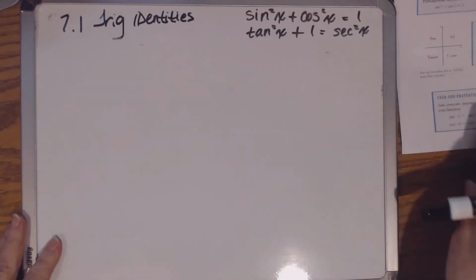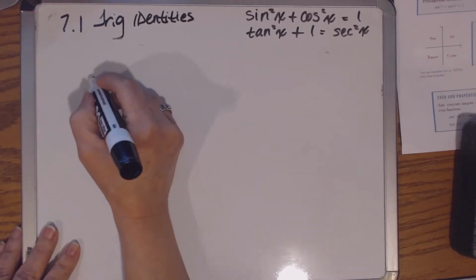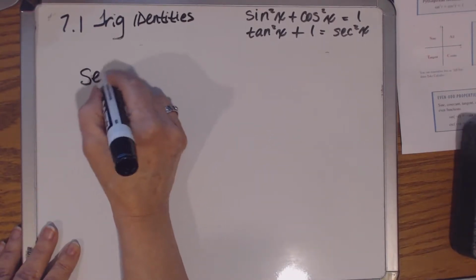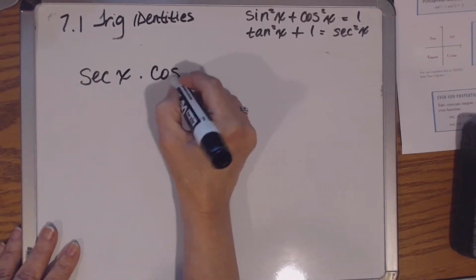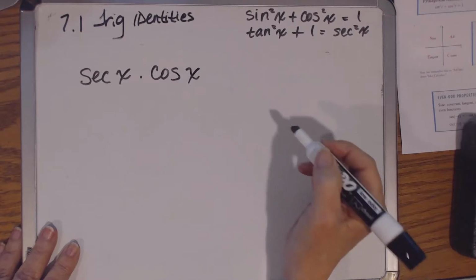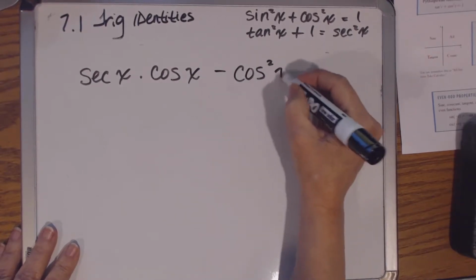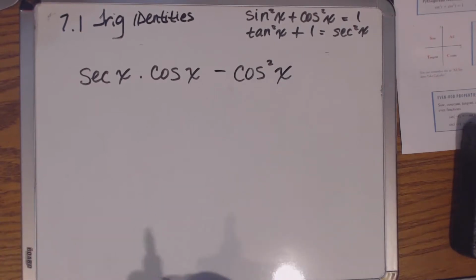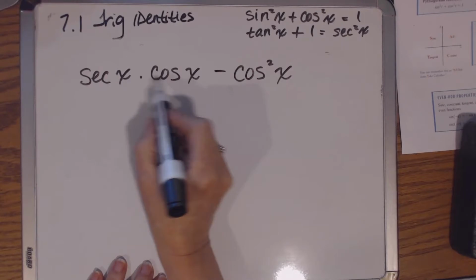So here's another example. This one uses another property of reciprocals. This is the secant of x times the cosine of x, minus cosine squared of x. We want to simplify this. Well, these are reciprocals.